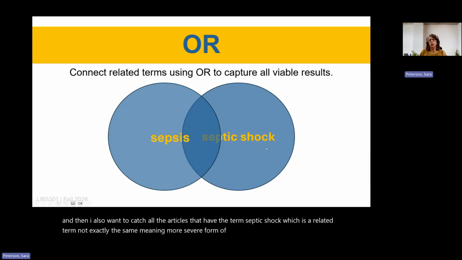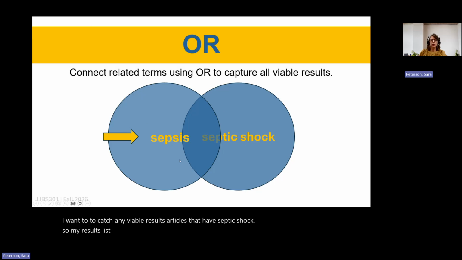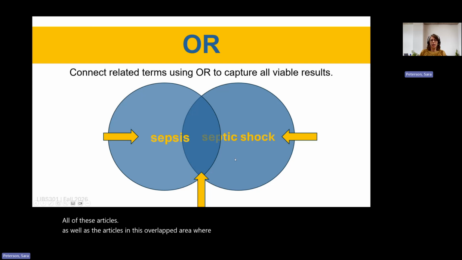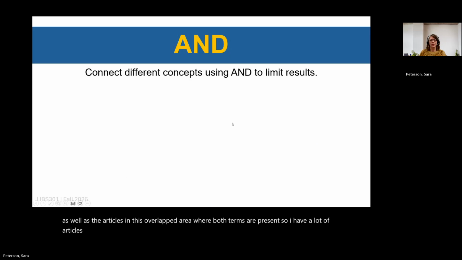So I do want those articles, though. I want to catch any viable results, articles that have septic shock. So my results list will contain all of these articles, as well as the articles in this overlapped area where both terms are present. So I have a lot of articles here, right?